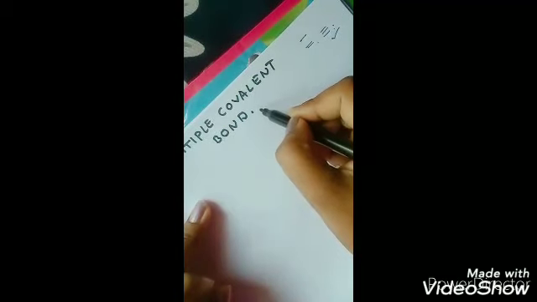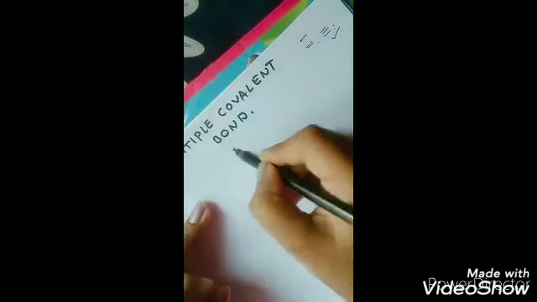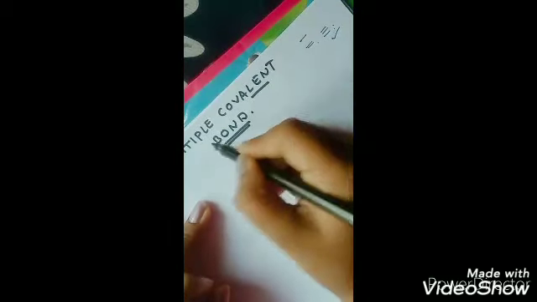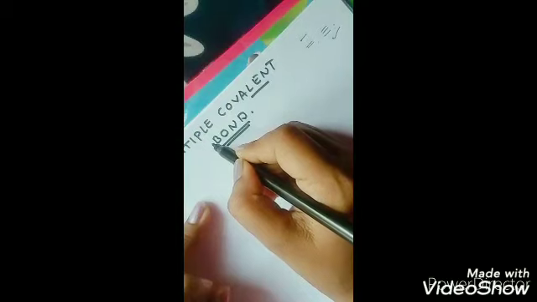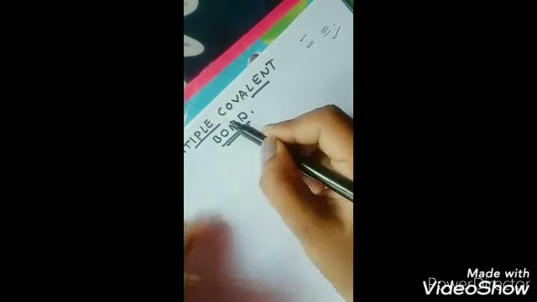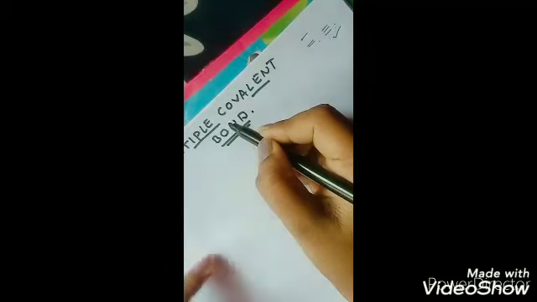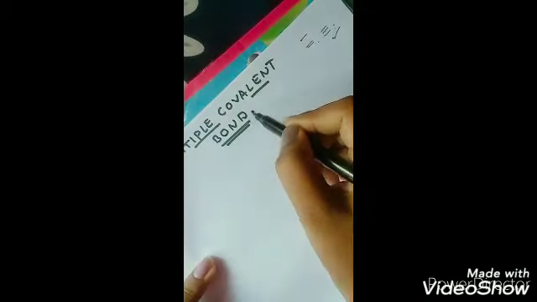In the earlier examples, each atom contributes 1 electron, hence the covalency of chlorine and hydrogen is 1. Let us see another example.